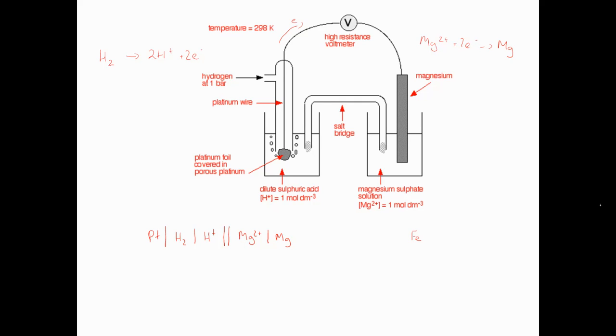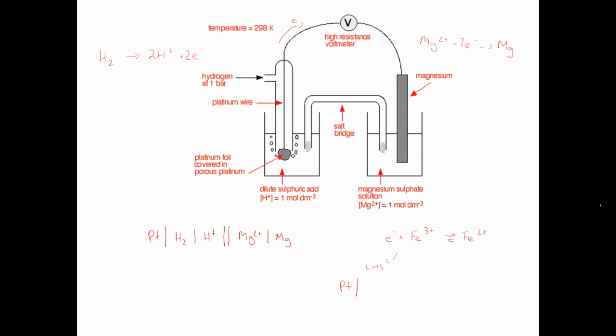The other example you might have is an equilibrium between Fe3+ and Fe2+, so I'd have an electron on that side. If you had this equilibrium, you'd also have a platinum electrode. If that was on the left-hand side, it'd be giving up the electrons.